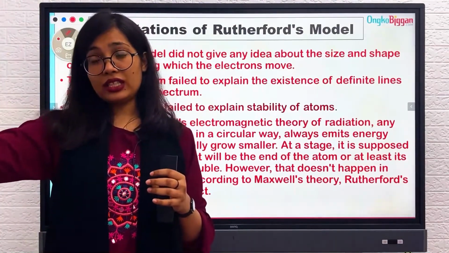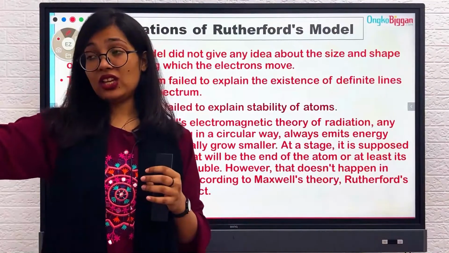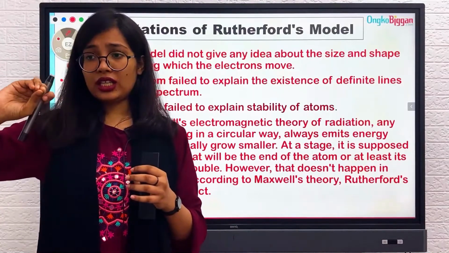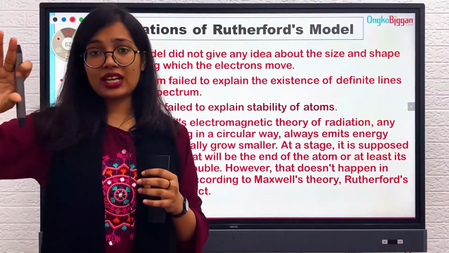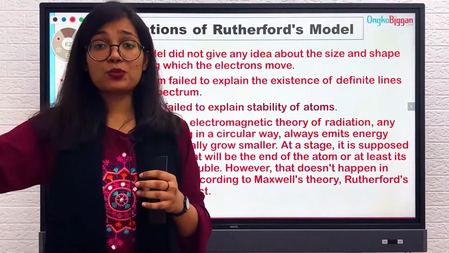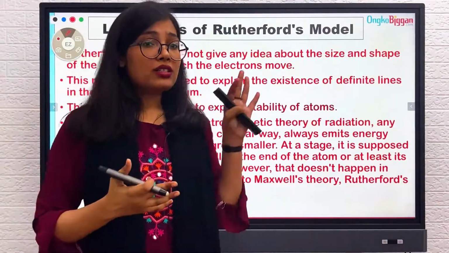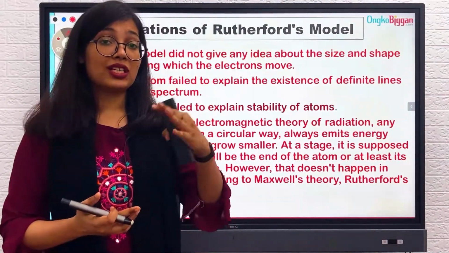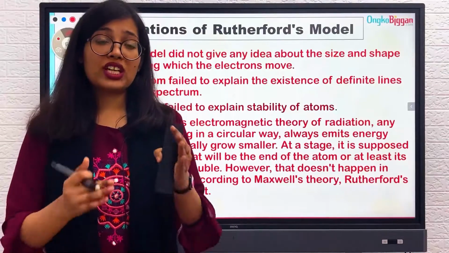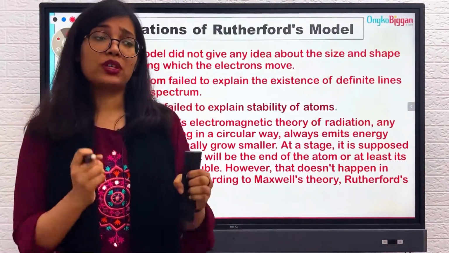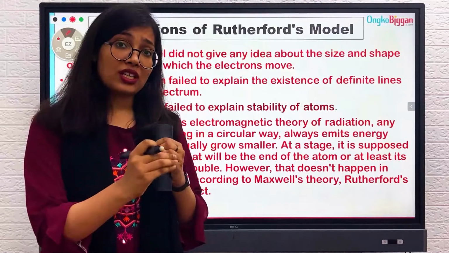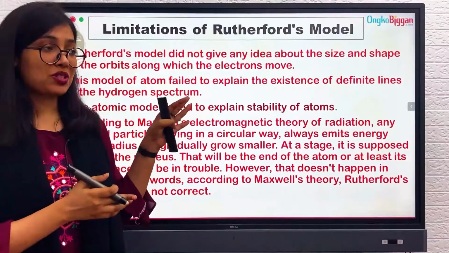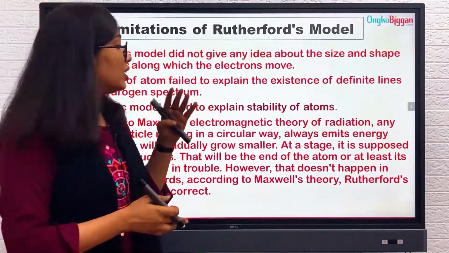They don't get to stay there much, and they return to their own orbital, and the electrons release the energy in the form of a spectrum. This spectrum was explained in Bohr's model, which we're going to discuss later. But in Rutherford's model, there was no mention of the spectrum. It should have been mentioned in this model, which it was not. So this is also a limitation of this model.